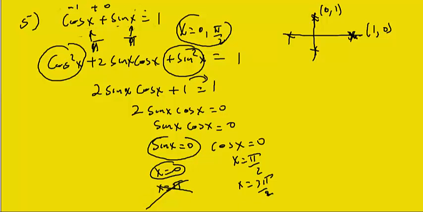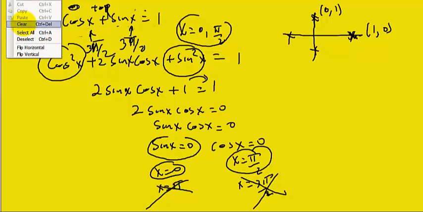And then when I put in pi halves, it will work. I get 0 here and 1 for pi halves, and that works. And when I put in 3 pi halves, I get 0 and negative 1, and that doesn't work, so eliminate that. Got that for you? Okay.